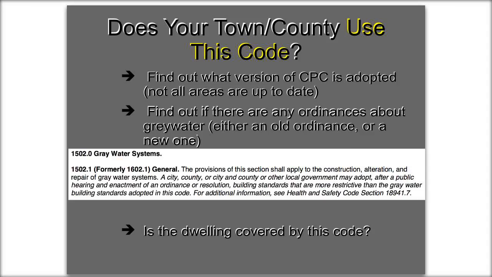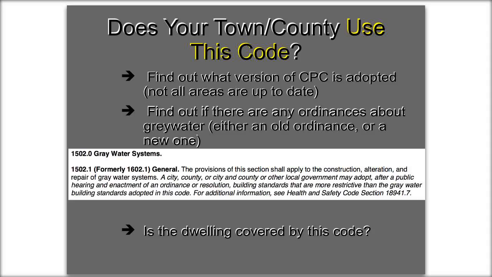You also want to find out if there are any ordinances about graywater that have influenced how graywater is regulated in your area. Some communities have really old, outdated ordinances that maybe were progressive at the time, or maybe they weren't, but they were written a long time ago, and they are still impacting how people can get these permits. And potentially your community has created a new ordinance to be more restrictive than the state code, but most likely they haven't. So it's always good to find out what's going on.